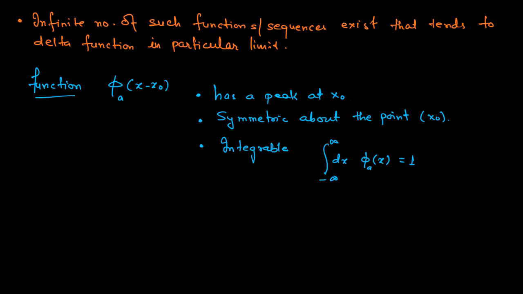So the idea is very simple, that if we change this parameter a, as a goes to 0, or we can say as a decreases, since the area under this function is unity, the height of that function will increase.